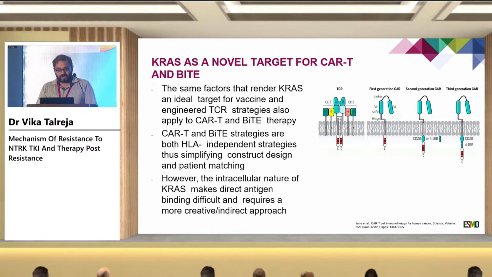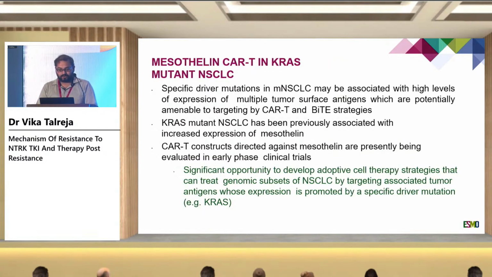And therefore, KRAS has become a very promising target for CAR T-cell and also BiTE cell therapy. The intracellular nature of KRAS makes direct antigen binding more challenging, requiring an indirect approach. The mesothelin marker in CAR T also offers a very promising opportunity to develop adoptive cell therapy in the genomic subset of non-small cell lung cancers.